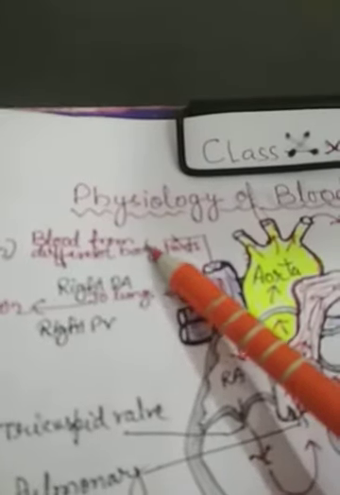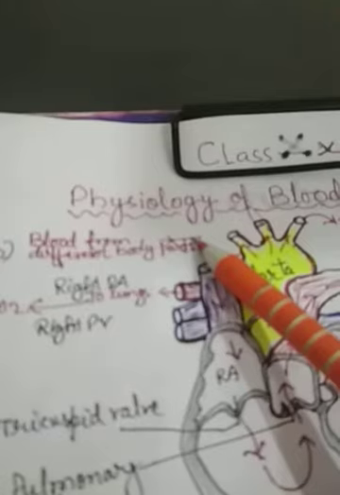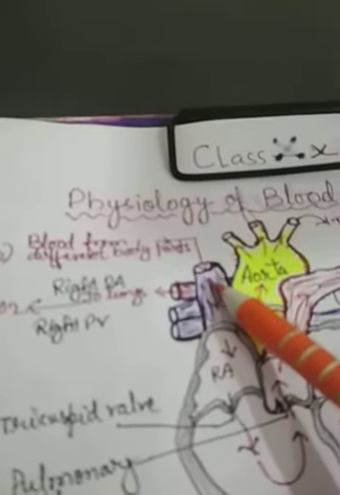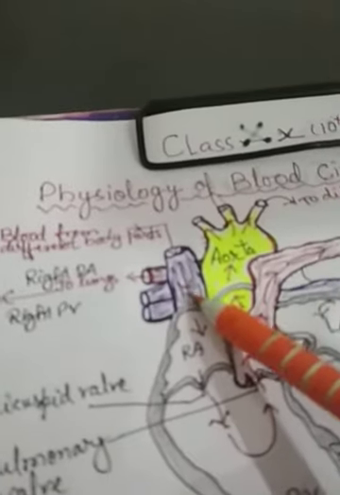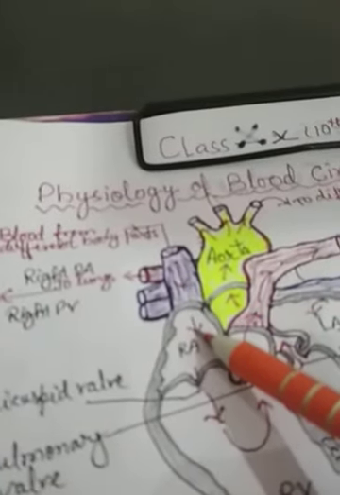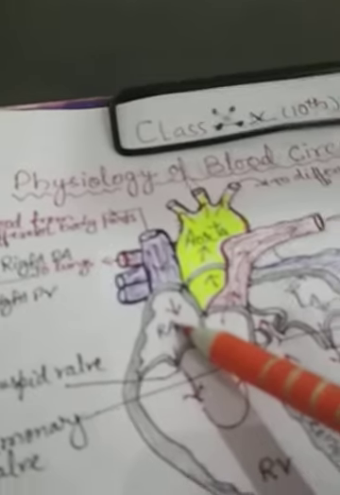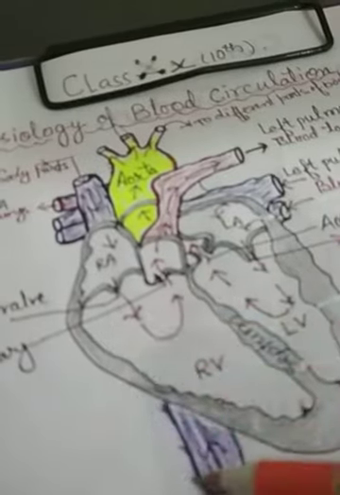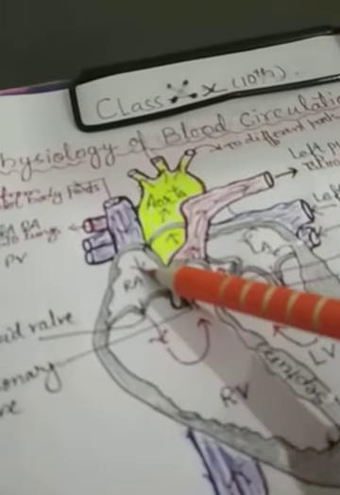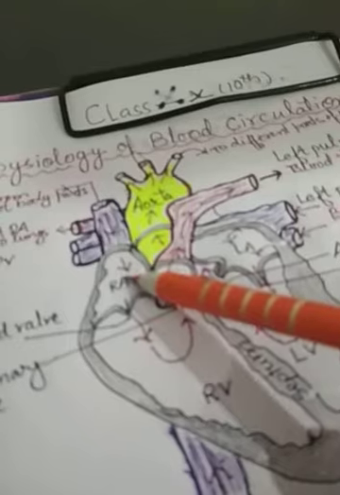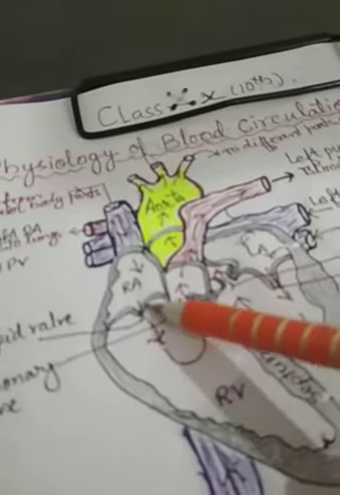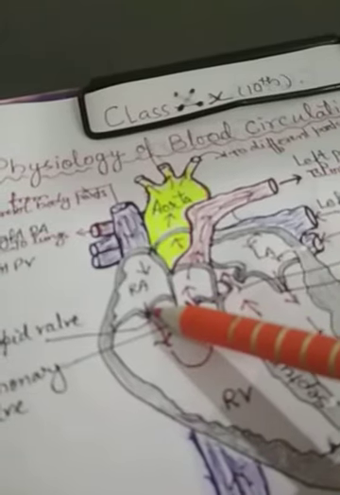It is deoxygenated blood, carrying carbon dioxide, and it comes to the heart in the right atrium, either by the superior vena cava or by the inferior vena cava. From the back side it enters the right atrium, and further this blood goes to the right ventricle, which is controlled by the tricuspid valve.